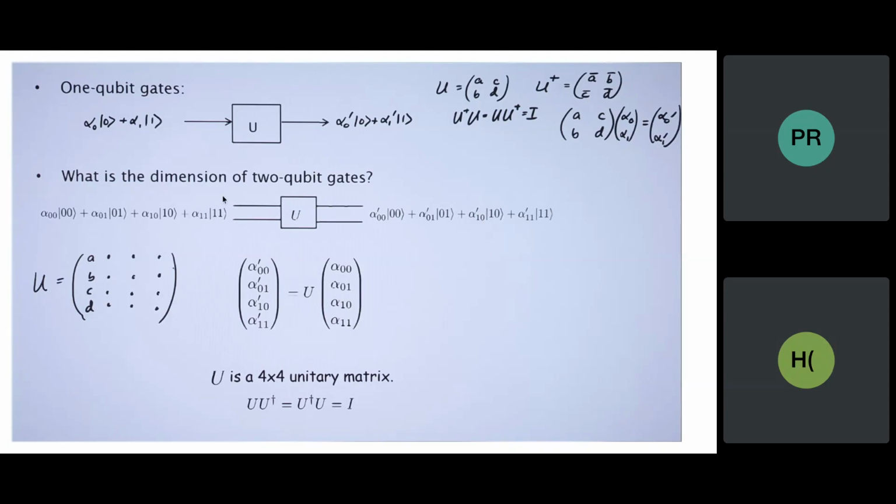Same way, what is the dimension of a 2 qubit gate? For a 1 qubit gate, the dimension was 2, a product space of 2 state vectors, ket0 and ket1, which can be applied in terms of superposition. Same way, if you have 2 qubits, you have 4 states, 00, 01, 10, 11, as we said earlier.